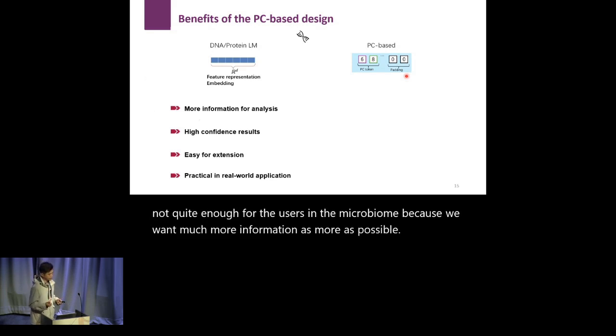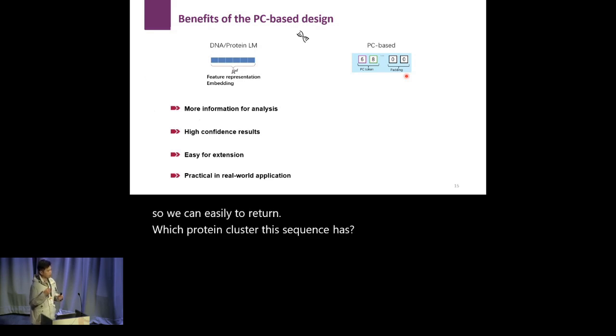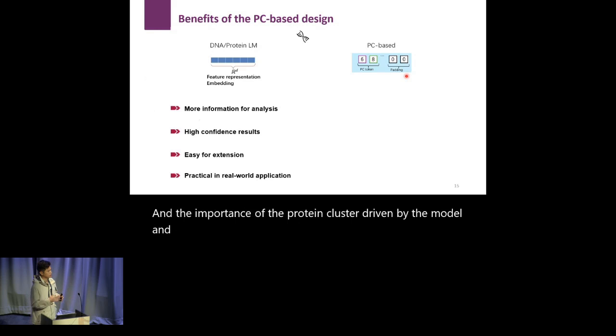But in the PC-based design, because we align the protein, we can easily return which protein cluster this sequence has, the importance of the protein cluster driven by the model, and also the protein interactions between the protein clusters.